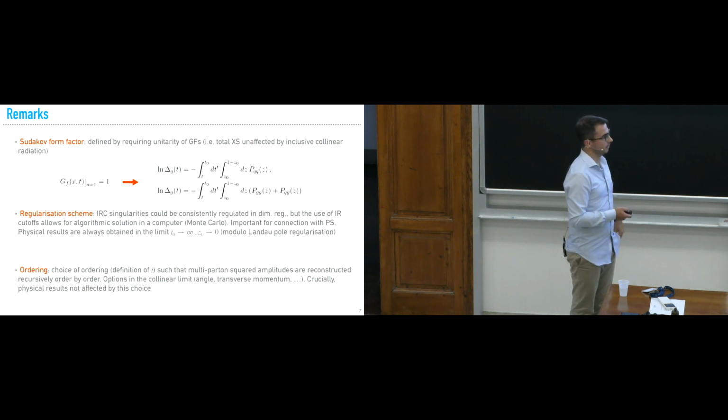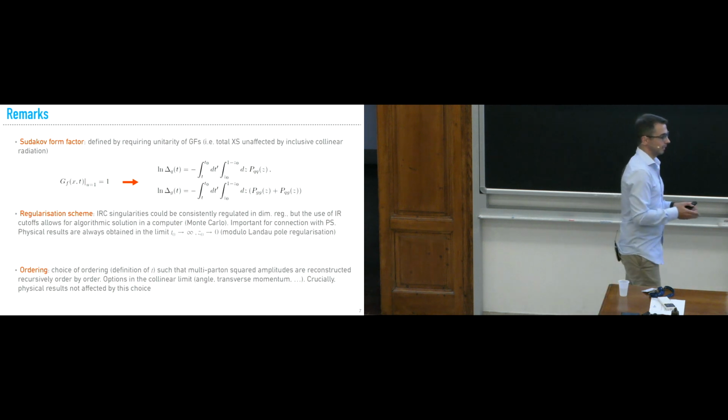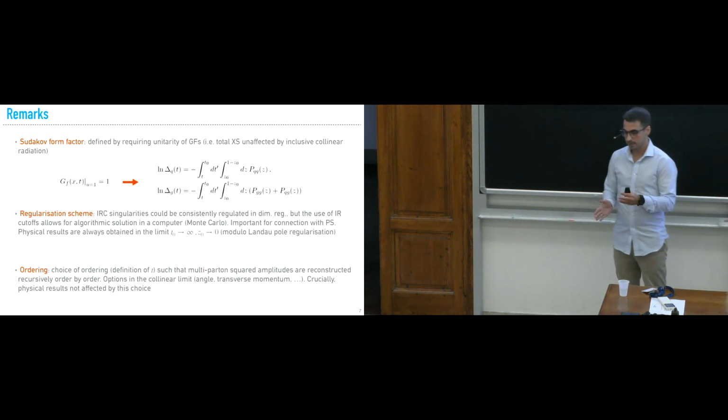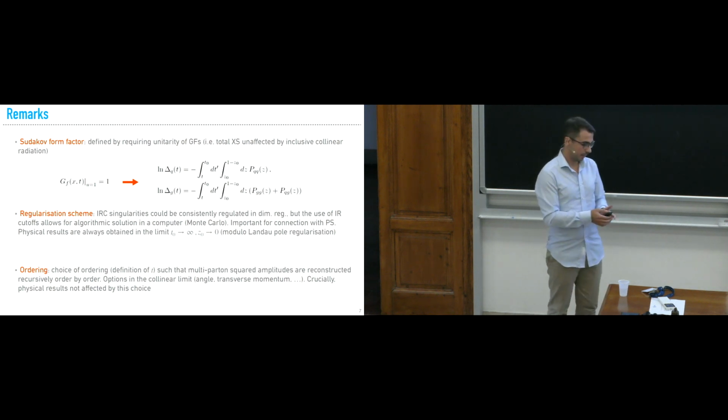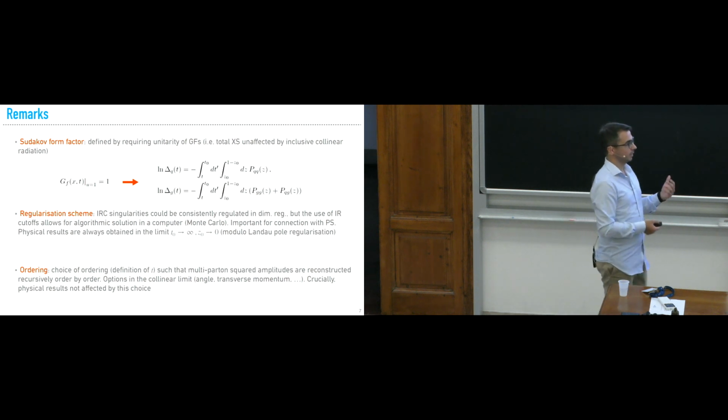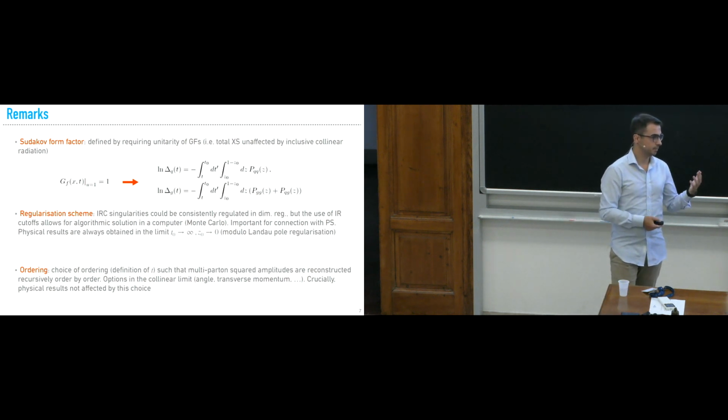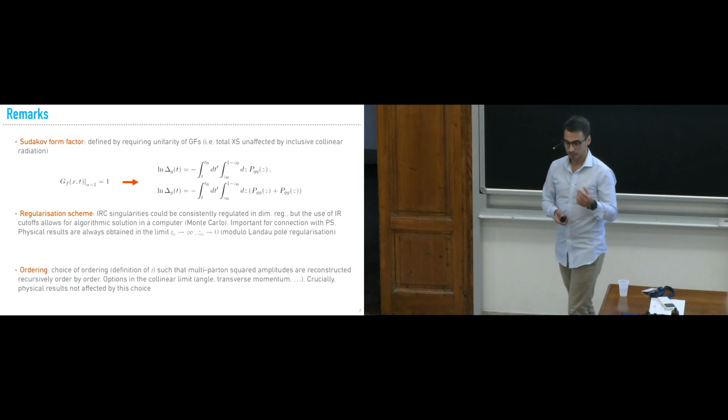As I said, the choice of ordering is related to the fact that I'm just constructing a multi-parton squared amplitude recursively. So any ordering that allows you to do that is in principle viable. In this case, I'm working with time. Transverse momentum is also a legitimate choice for collinear fragmentation.